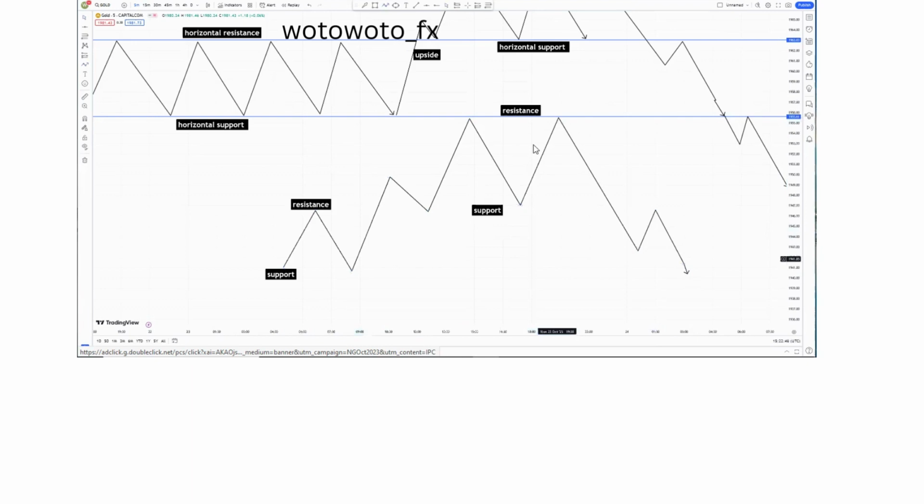So now this is support, these two are resistance. This is resistance. Here also should be said to be support.